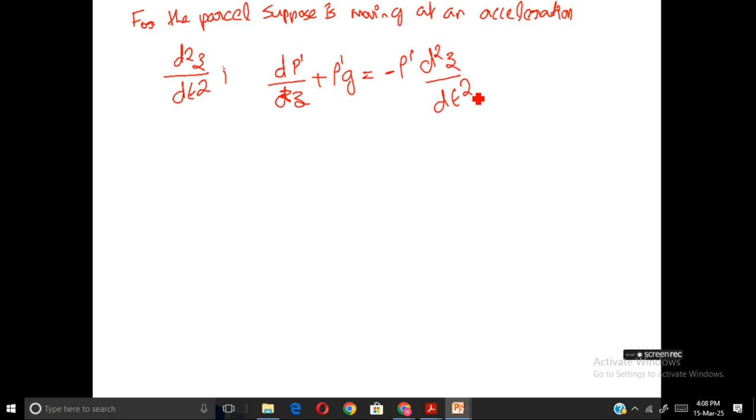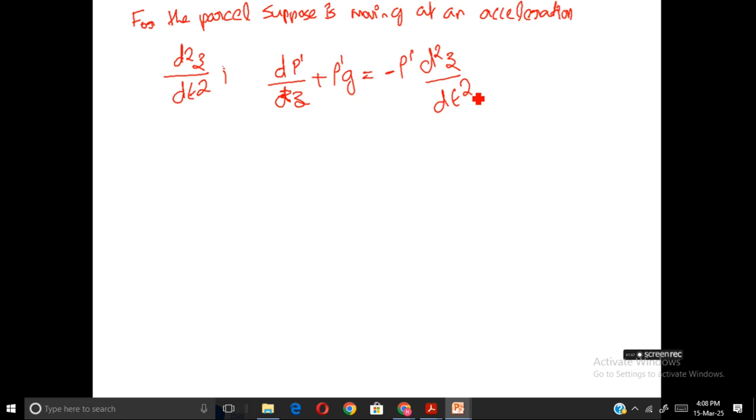It is in the form mass into acceleration. The force will be equal to the dp dash by dz plus rho dash into g. This is in case of parcel.